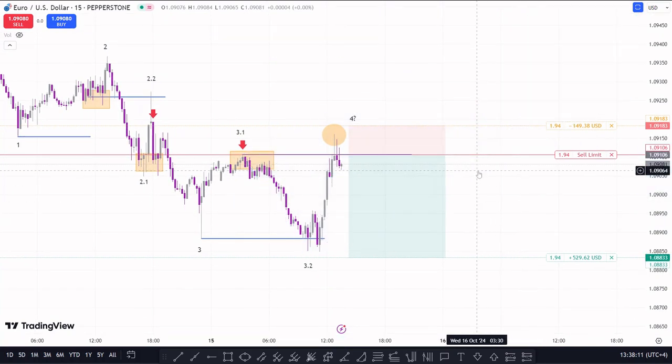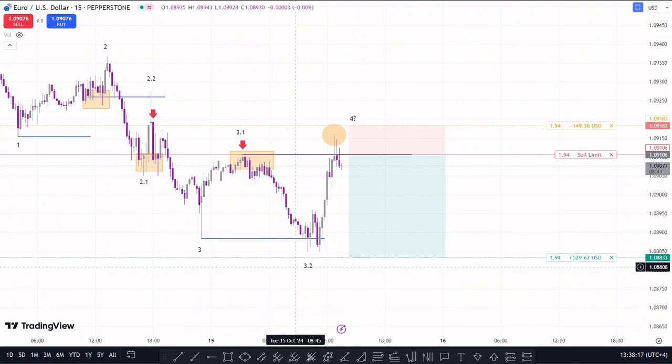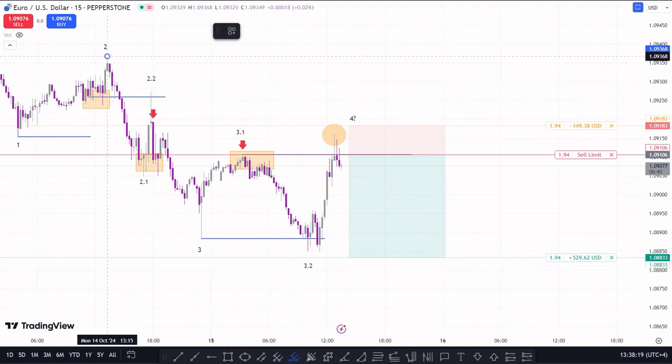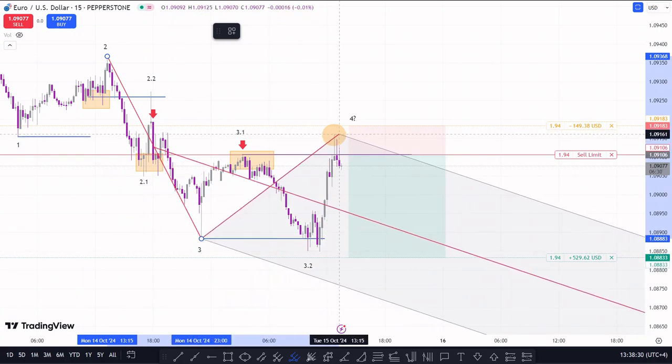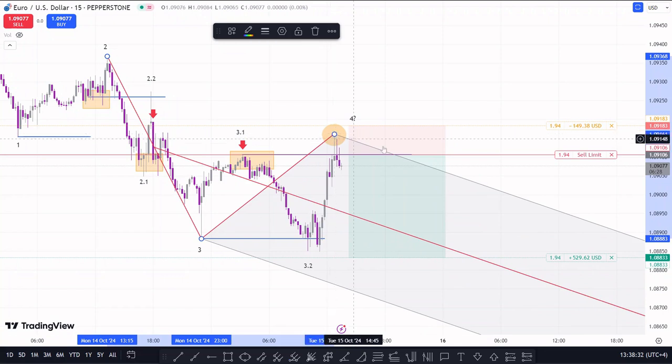Alright, so for the target, napaka-conservative nitong target na to. Pero if you will find a dynamic target, I can plot my pitchfork here, the modified pitchfork, anchoring A axis on number 2, B axis on number 3, and the alleged manipulation high anchored yung C pivot.